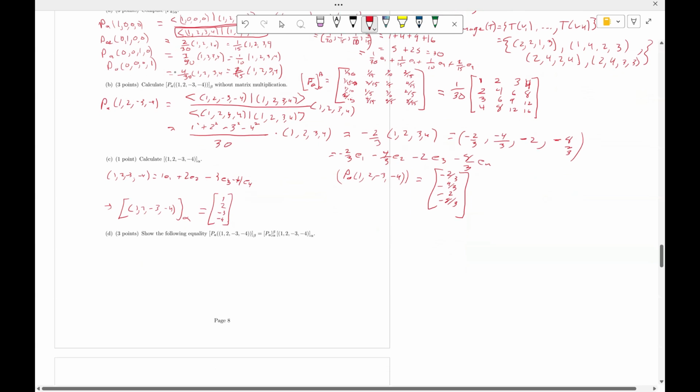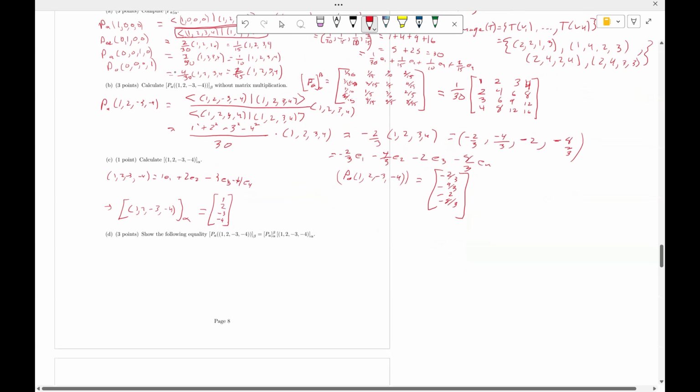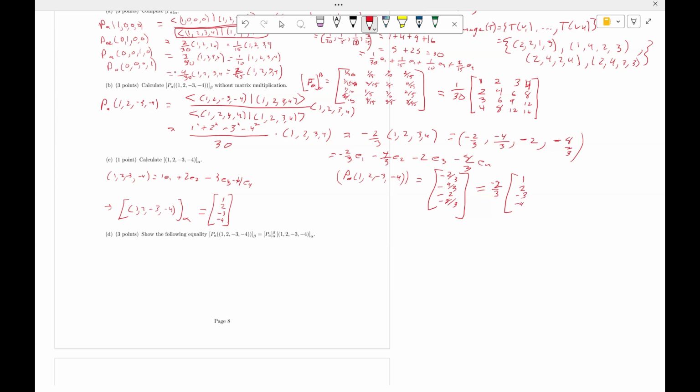So to simplify this, we'll write minus 2 thirds, and we're going to get 1, 2, minus 3, minus 4.